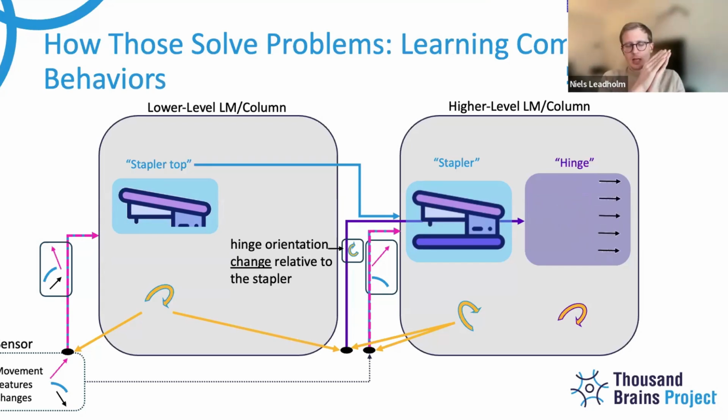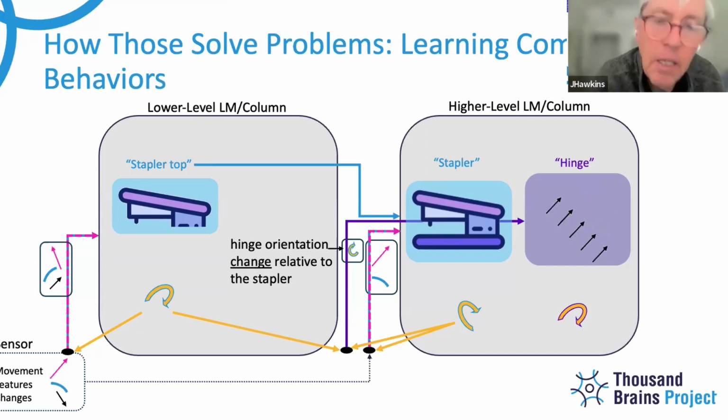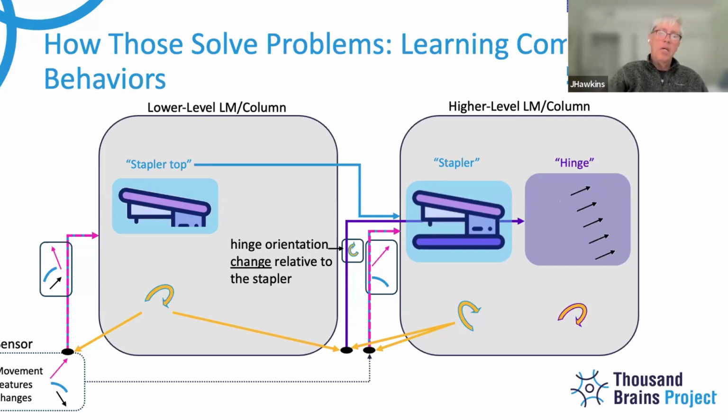The higher column can assume that it's one thing because the lower level column is only going to communicate at any given point about a unified thing. I don't know. I'm not sure how that mechanism would work. Somebody's clearly saying this thing is moving and I need to treat it as a singular object.